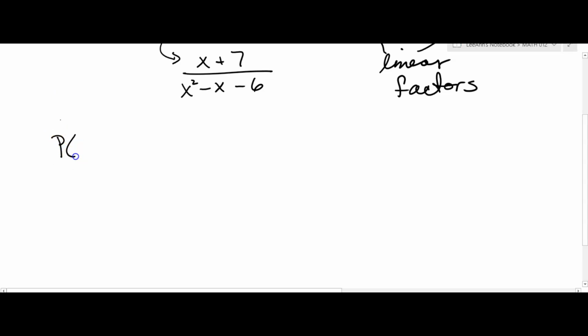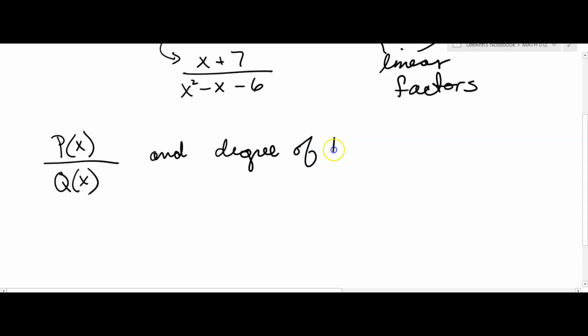If you have a partial fraction, so some polynomial in x, p of x, over another polynomial in x, q of x, and these are polynomials, okay? So you have that situation, and the degree of p of x is less than the degree of q of x.